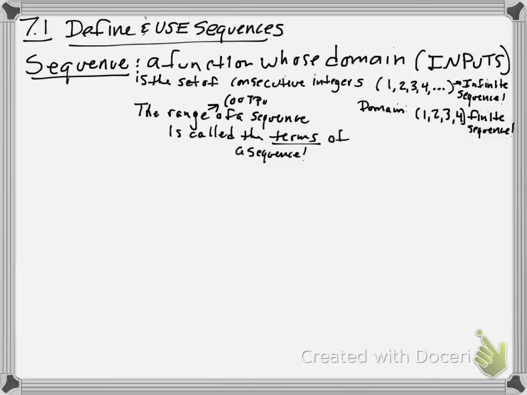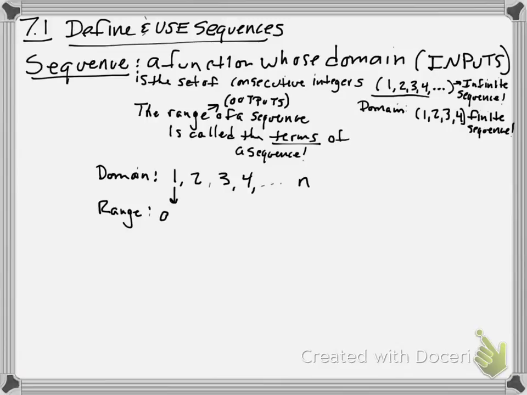So you plug in one of the integers from the domain and you get out a term of the sequence. Here's maybe a little bit more of an organized way to look at this. If you have a domain of 1, 2, 3, 4, and so on and so forth, until we just plug in any integer n, the range or the terms of the sequence would be called the following.